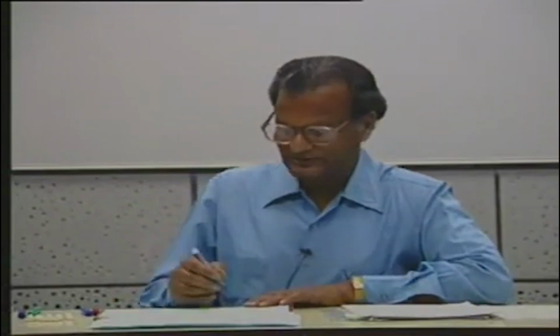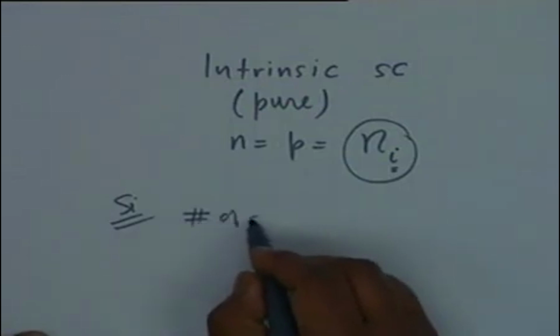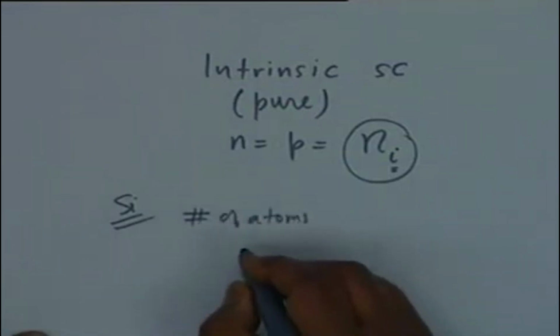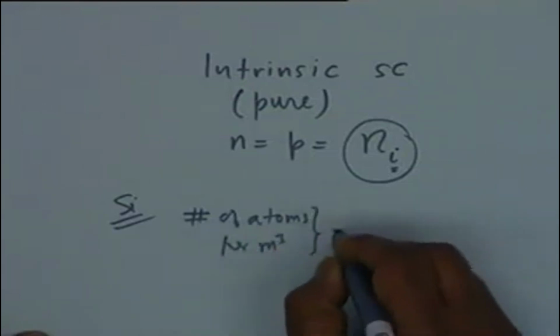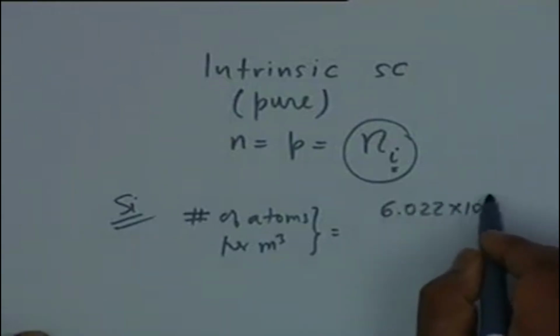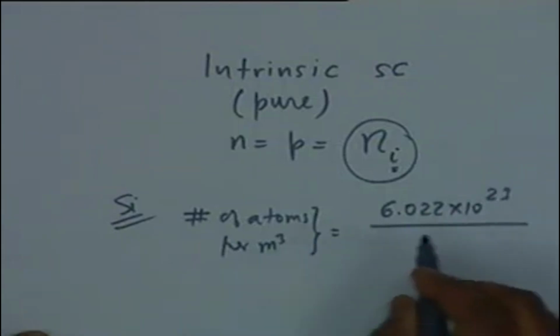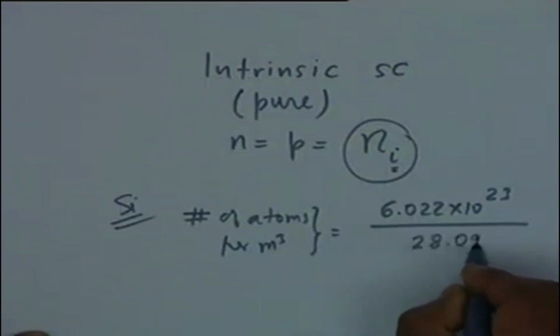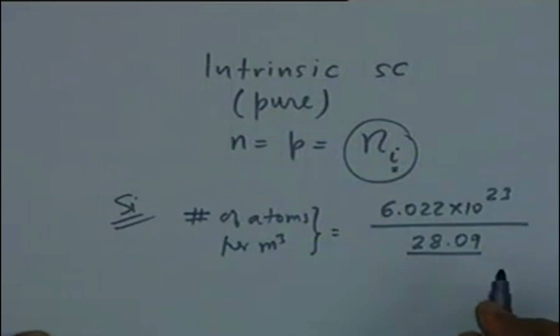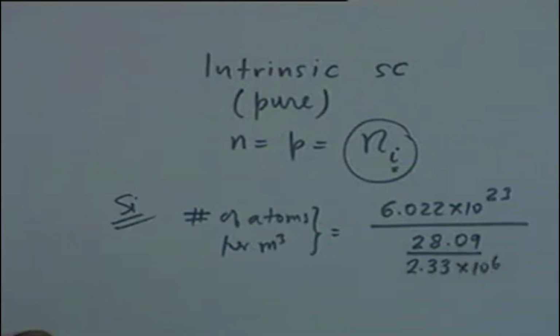if we take silicon, for example, you can find out that the number of atoms per unit volume per meter cubed is the Avogadro number, that is 6.022 times 10 to the 23, divided by the atomic weight, which for silicon is 28.09, divided by density at room temperature, which is 2.33 times 10 to the 6, and this is simply equal to 5 times 10 to the 28.